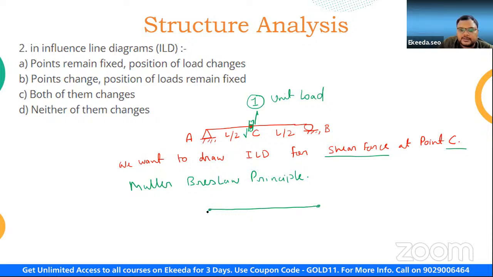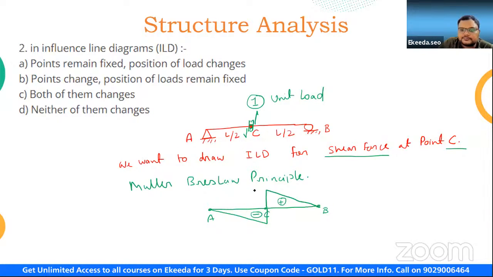Let us say this is point A, this is point B, and this is point C. This roller support will go down on this side and this will go up on this side, so it will be somewhat like this, right, guys? This is minus, this is plus. Now, what is the ordinate at this point? The ordinate at this point is how much?